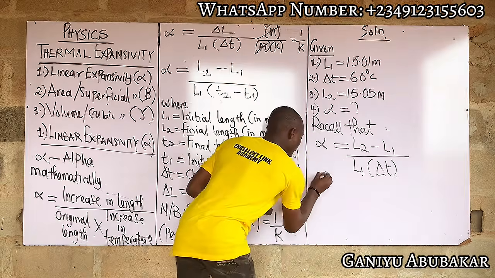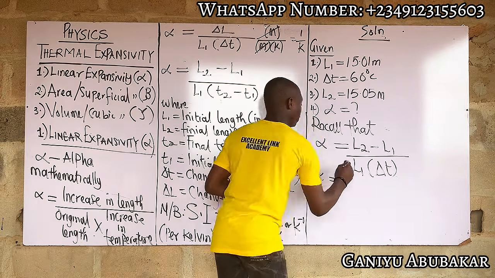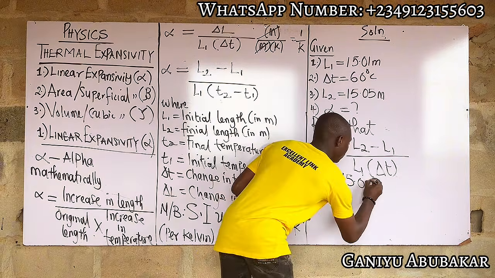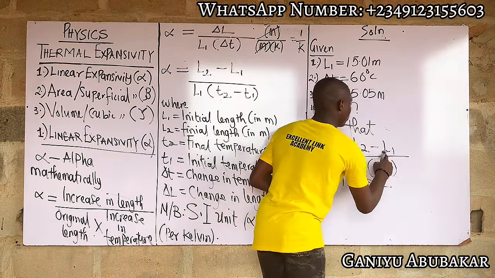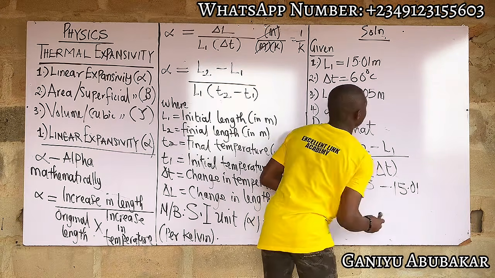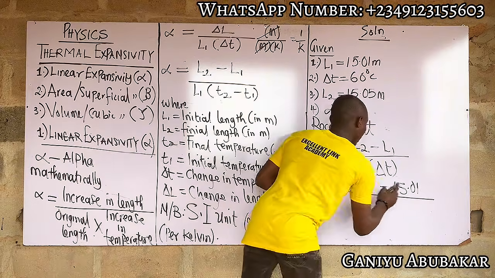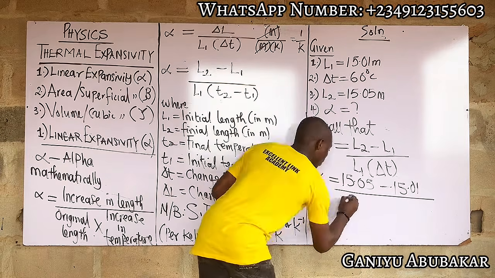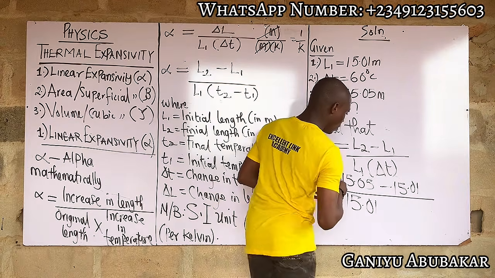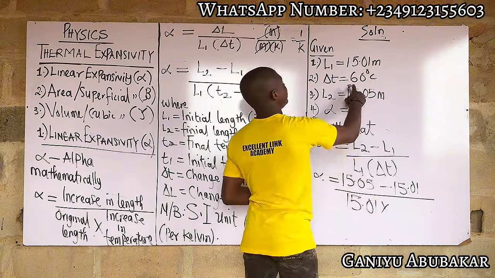So alpha is equal to L2, which is 15.05, minus L1, that's 15.01 meters, all over that same L1, 15.01, multiplied by change in T, that's 60 degrees Celsius.